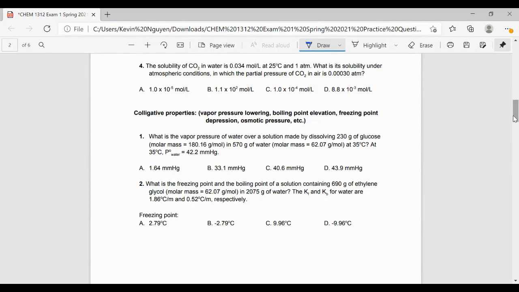Looking at 4: the solubility of CO2 in water is 0.034 moles per liter at 25 degrees Celsius and 1 atmosphere. What is its solubility under atmospheric conditions in which the partial pressure of CO2 in air is 0.0003 atmospheres? What kind of equation do you guys think we ought to be using in this one?